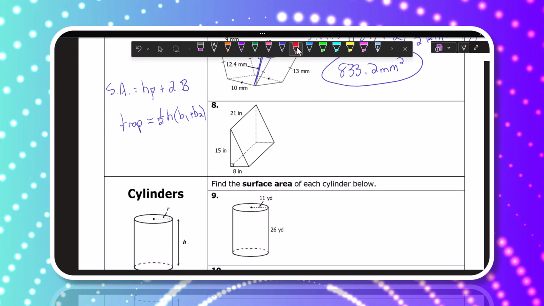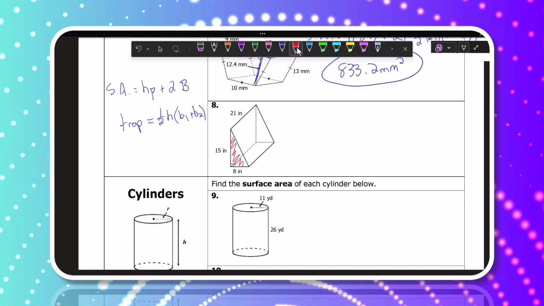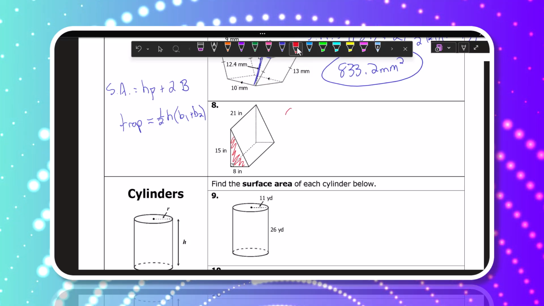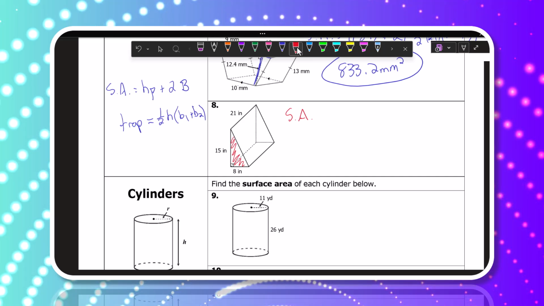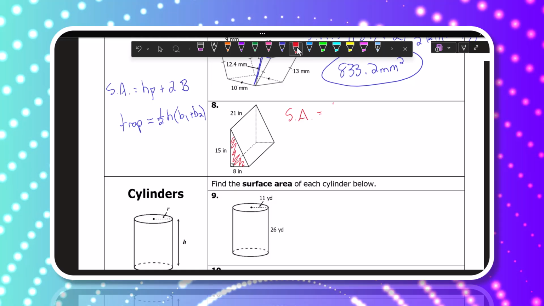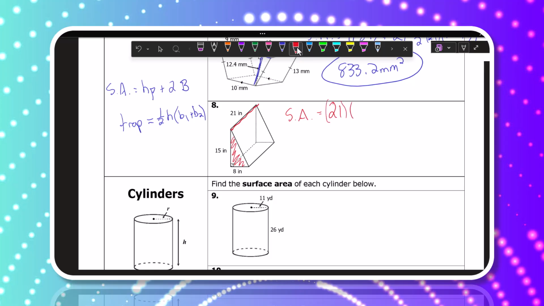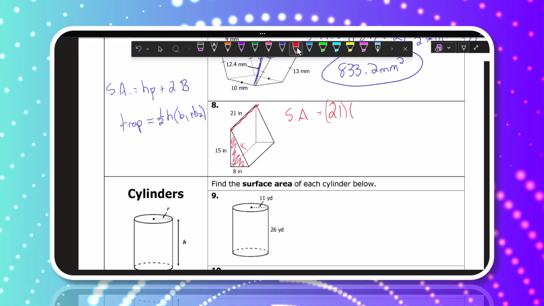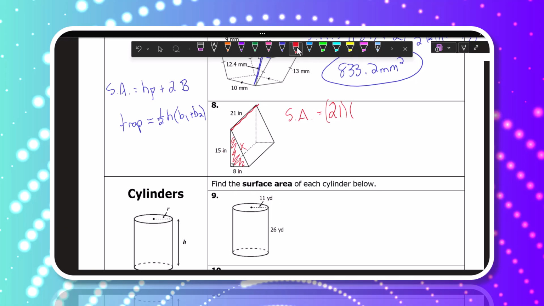Moving on down to number 8, last one of our prisms. We have a triangular prism. Our bases are triangles. So again, let's start our formula. We need our height, which connects our two bases, so that's 21, times our perimeter. We got 15, we got 8. We don't know what this other side is, but that's a right triangle, so we can do Pythagorean theorem.